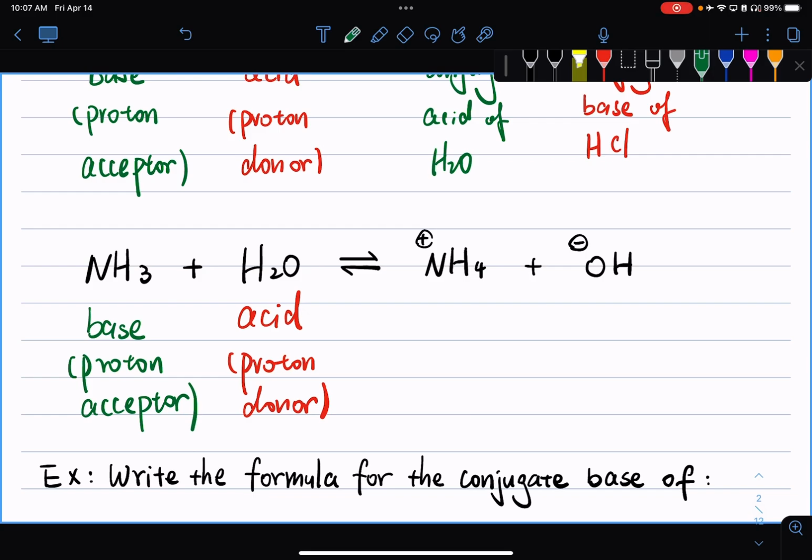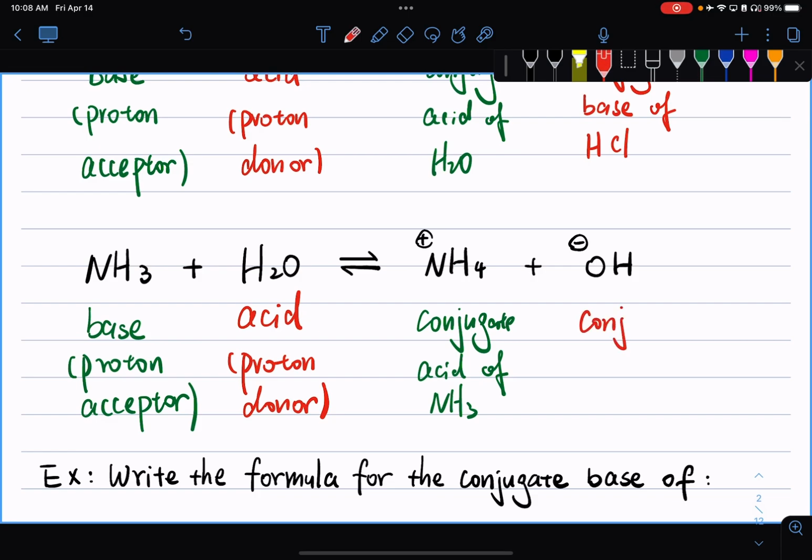And the result here is, again, you can write the conjugate acid of NH3 to be NH4 plus, and then OH minus is the conjugate base of H2O.